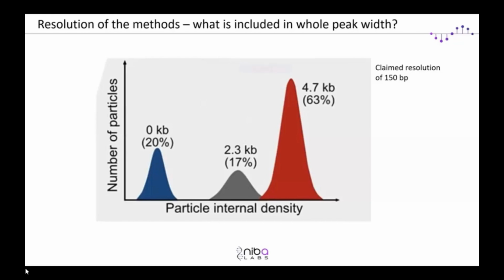But if we just check the distance between the middle peak and the larger peak, you can see it's like 2.4 kilobases. And if we translate this distance, although the relationship is probably not really linear, to the width of this peak in the middle, it's somewhere around 1.2 kilobases.